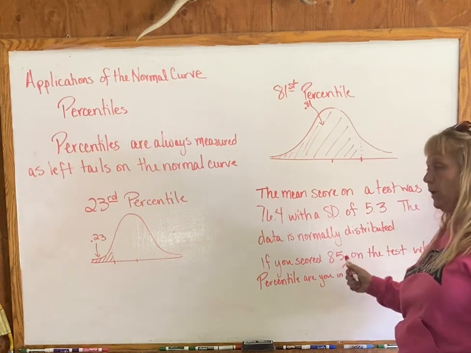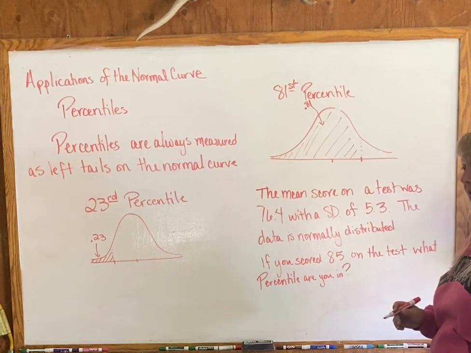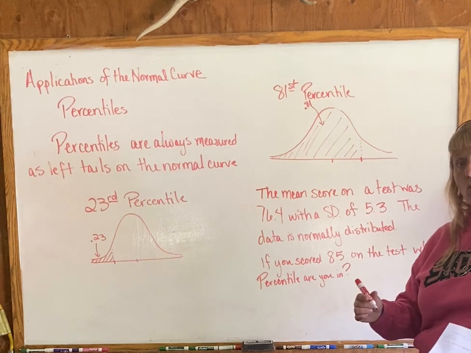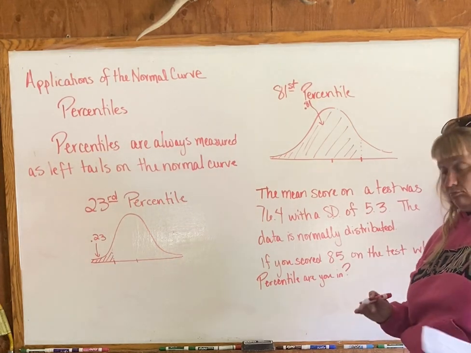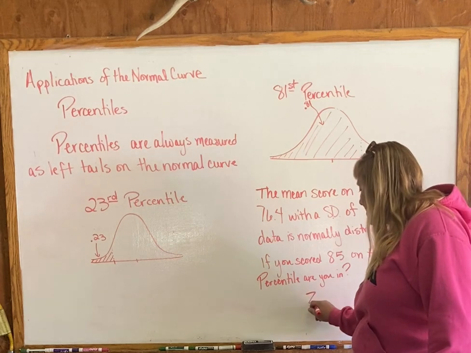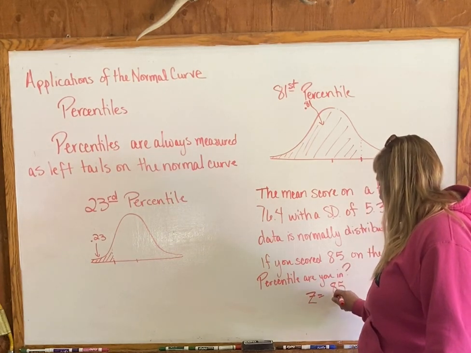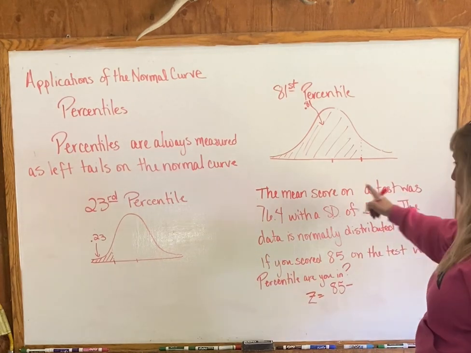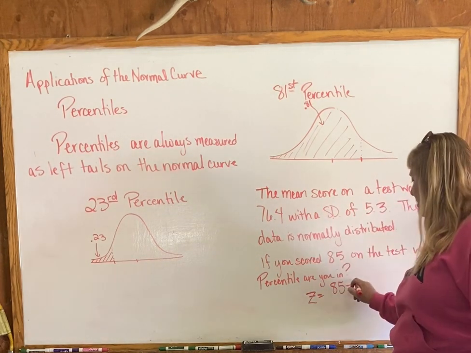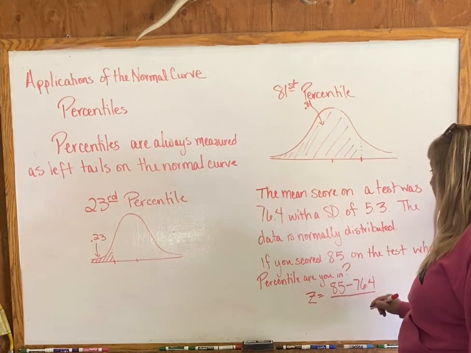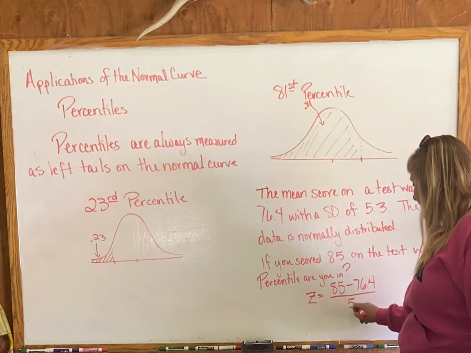So if we know in the real world your score was an 85, then just like we've done in the other examples, the first thing we need to do is turn your score into a z-score. Okay? So we're going to find z if our x is 85. We'll subtract our mean, which in this example now is 76.4, and we will divide by our standard deviation of 5.3.